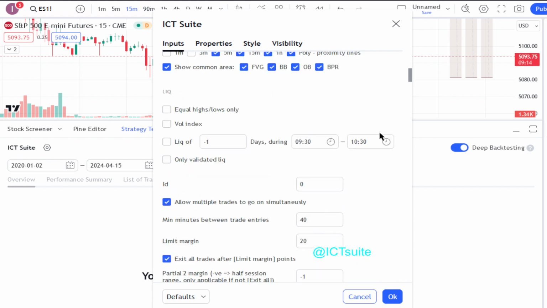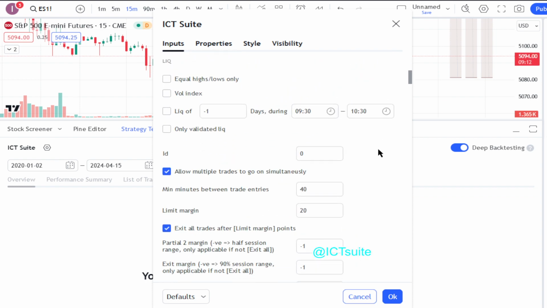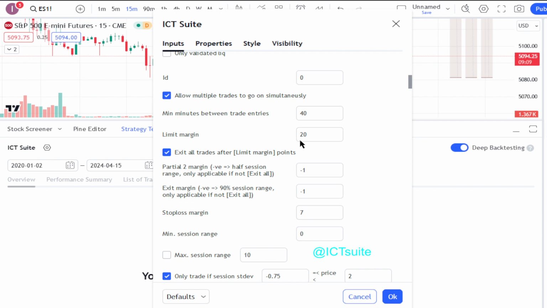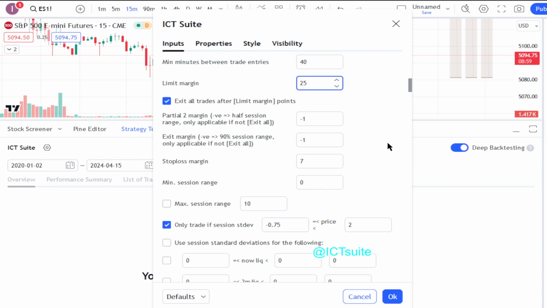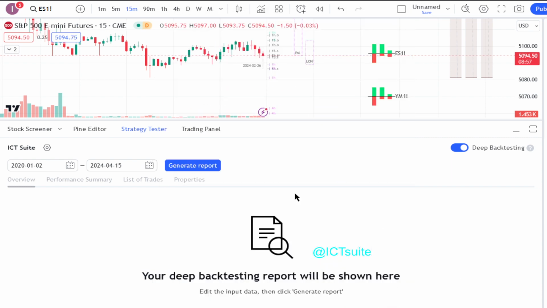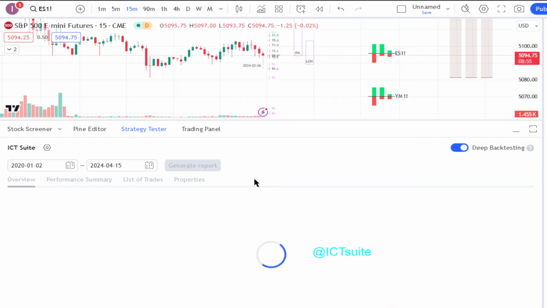Let's see. So yeah, we could temper a little bit with profit. So let's see if we increase to say 25. What does it do for the whole period of 4 years?